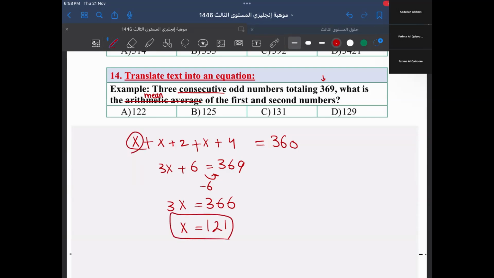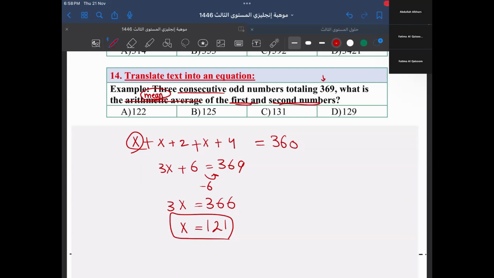Then, since they are odd numbers, 121 plus 123 plus 125. So here, what is the question asking? The mean, the average? Yeah, the mean of the first and second number.